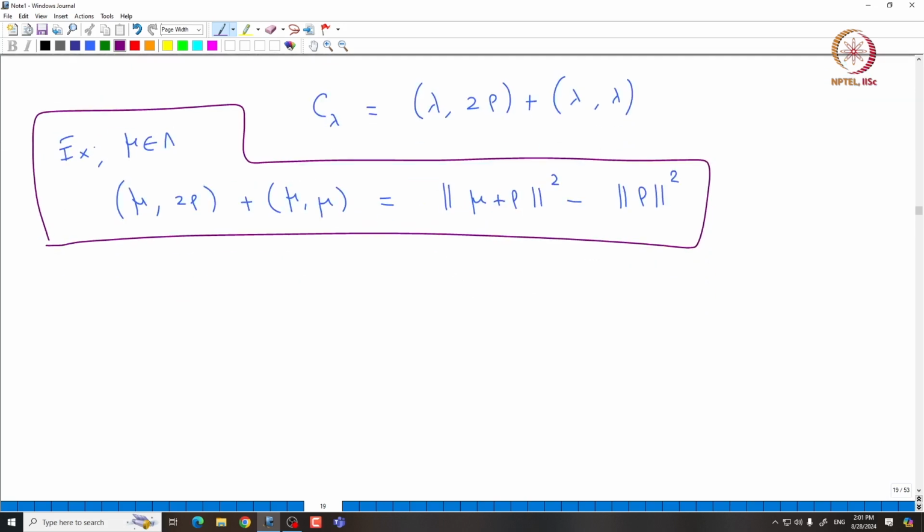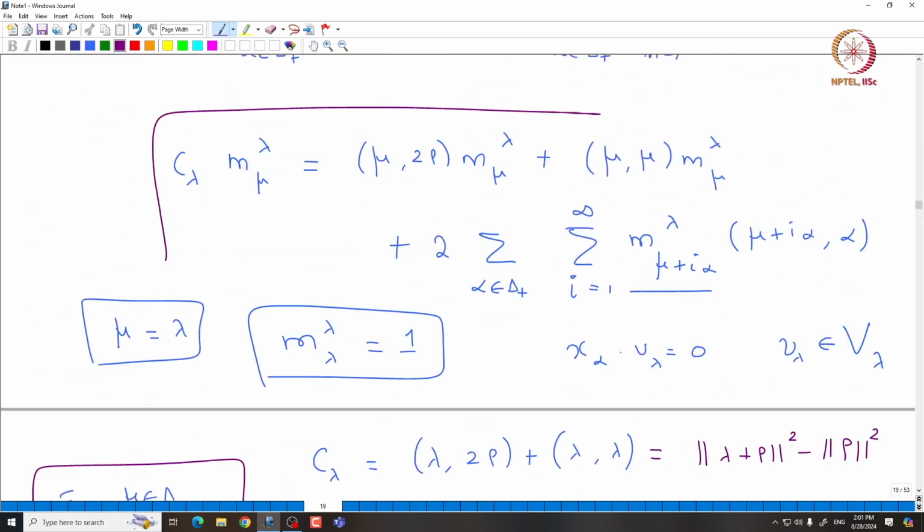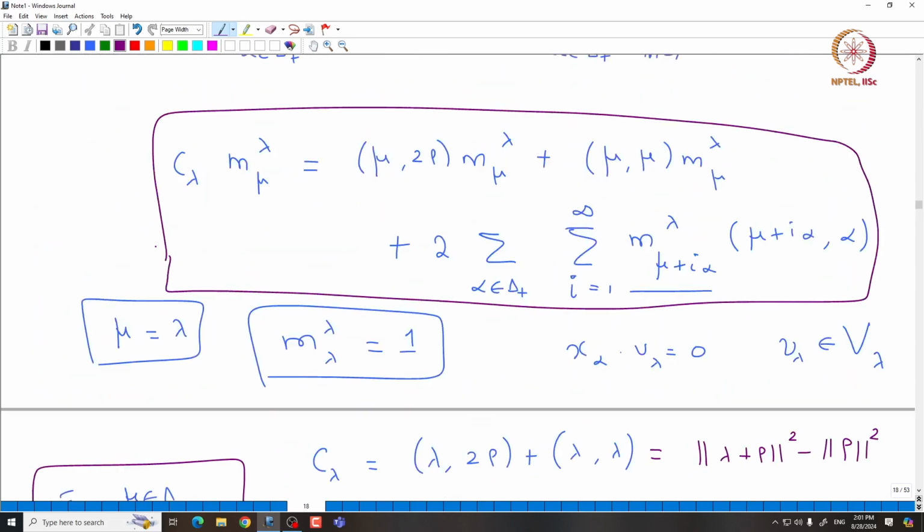Now, if you use that, then C_lambda becomes the norm of lambda plus rho squared minus the norm of rho squared. If you put it back in this equation, you can easily see that, because m_lambda(mu) appears on both sides, it will become the difference.